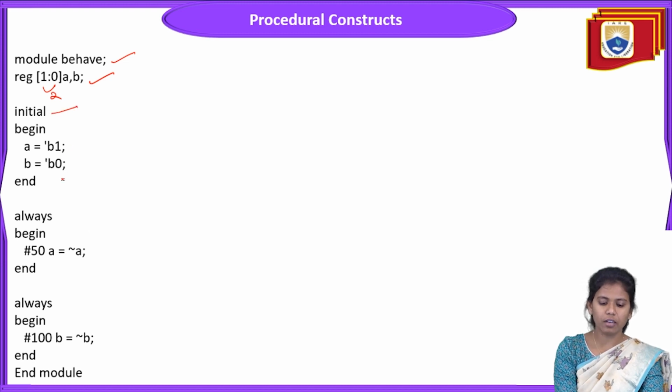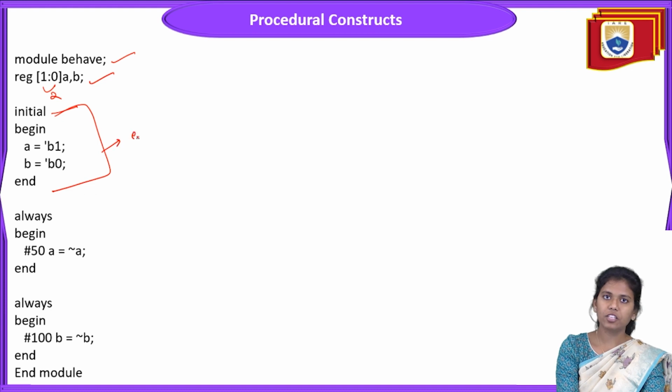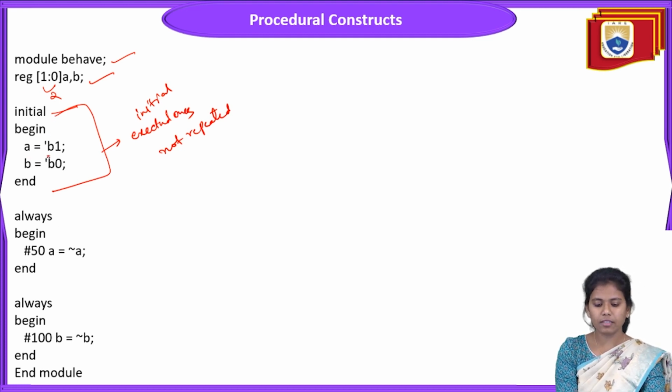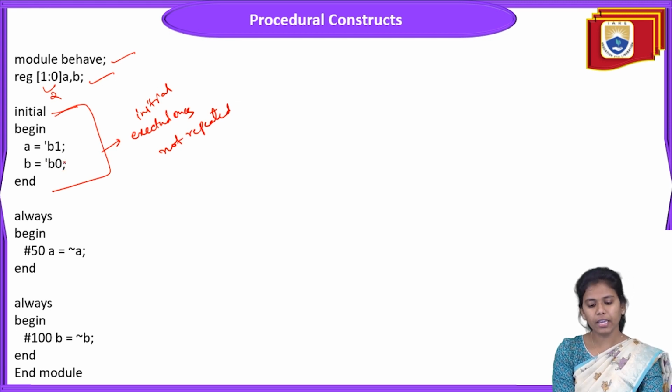Next, initial and begin. These are executed only once and are not repeated. In the statements, A is bit 1 and B is bit 0. So A is represented with 1 and B with 0. Finally we end with the end.